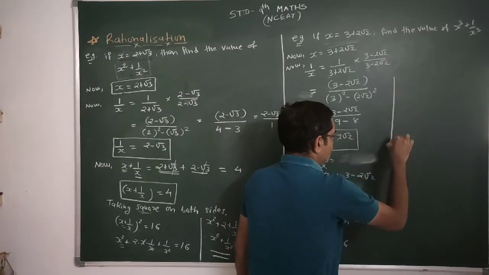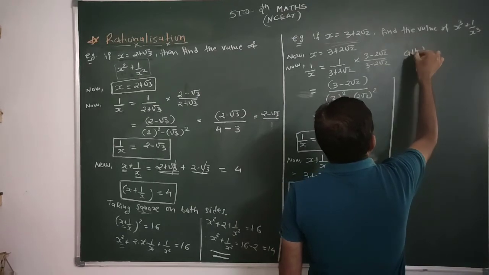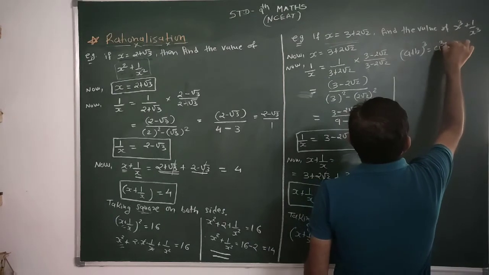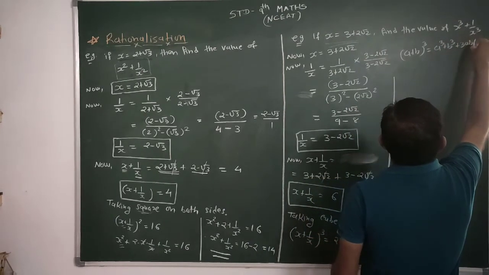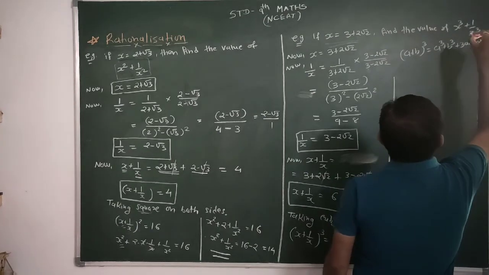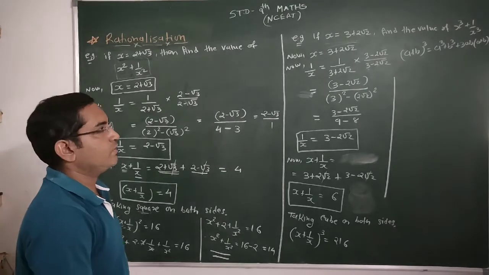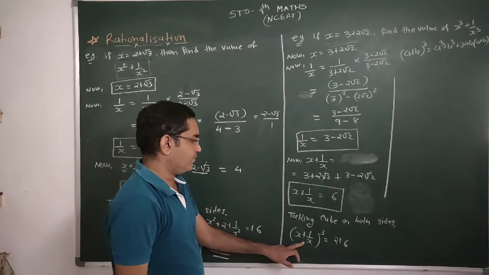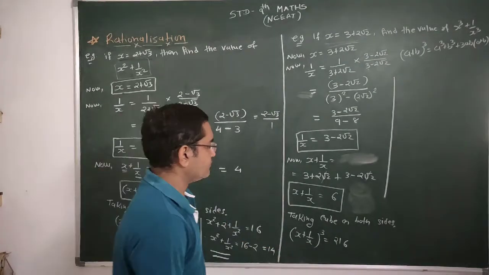You should know the formula as well. So I write the formula here: a plus b whole cube equal to a cube plus b cube plus 3ab into a plus b. So it's x plus 1 by x whole cube equal to 216.